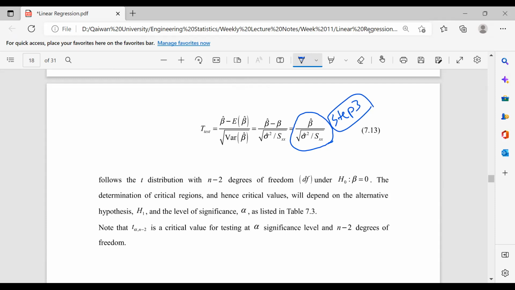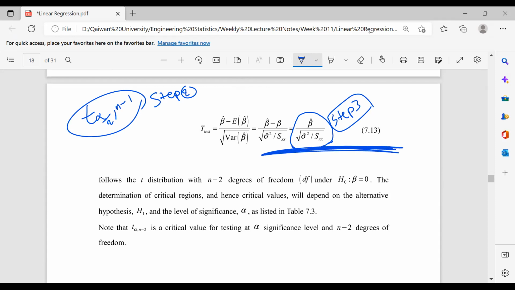In step 2, you find T of alpha over 2 and n minus 1. In step 1, that's the hypothesis. And in the final step, step 4, we make the decision. We use this for making the decision.